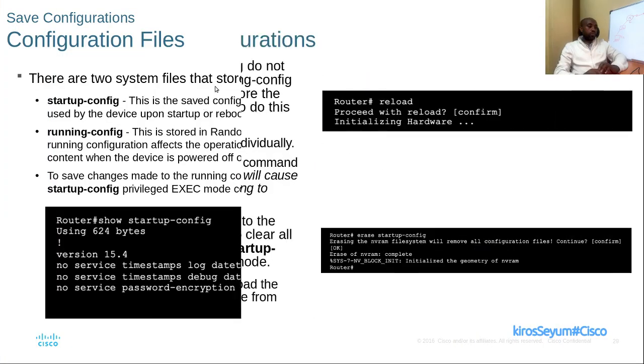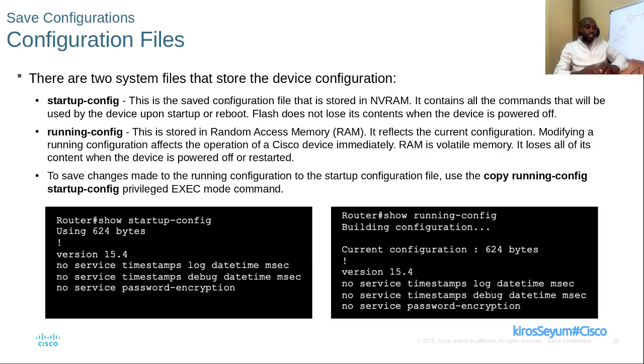After you configure, you have to save it. After configuration, if you leave it, it will be lost. Startup configuration is the configuration stored in the NVRAM, non-volatile. When we say, for example, copy running configuration startup configuration, we are saving the configuration into the NVRAM.